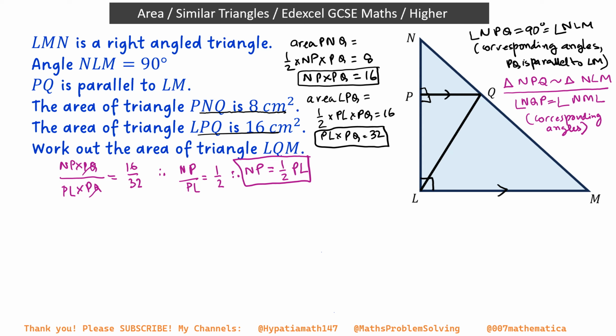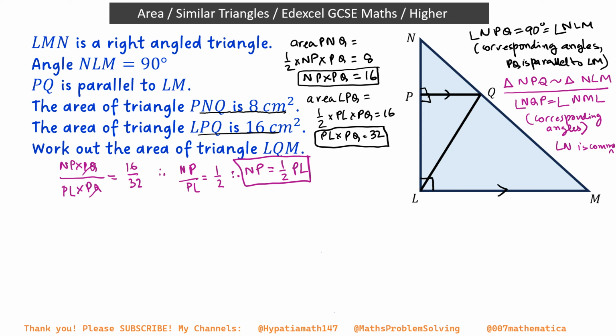That's the reason they're corresponding angles, and NM is a transversal. And angle N is common for both triangles. So hence triangle NPQ is similar to triangle NLM.